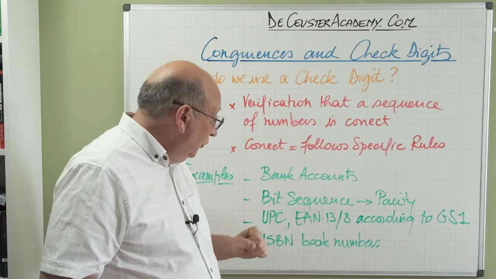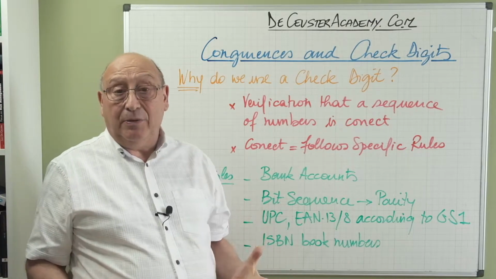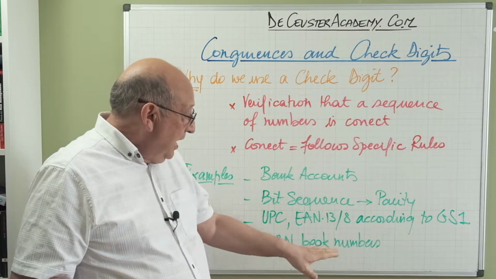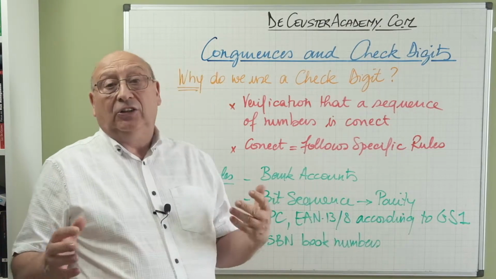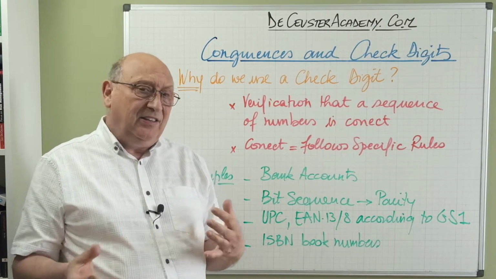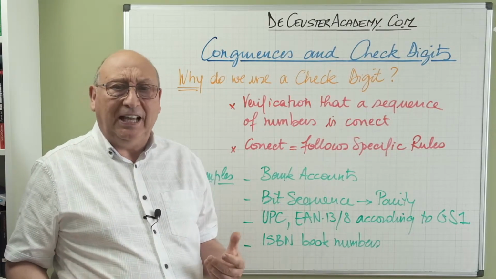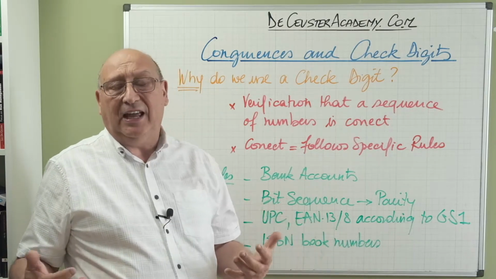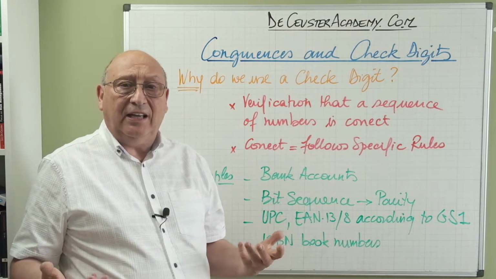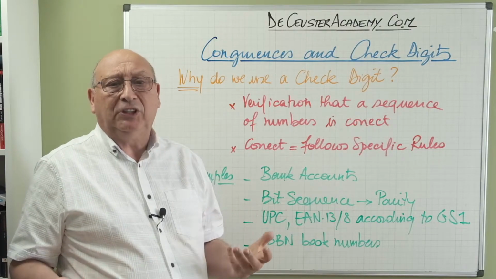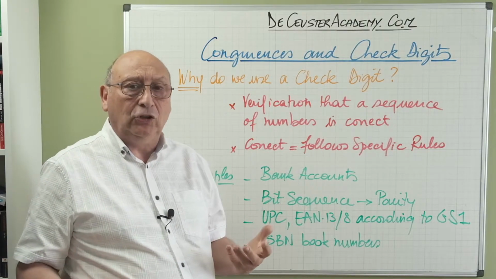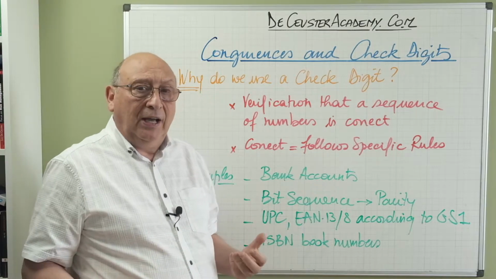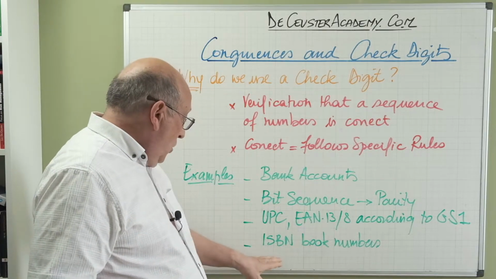Now we will look into those different things in the remainder of this presentation. Like I said, they're following the standard, the GS1, and there you can find all the different applications. There is even an EAN 3 and an EAN 5 and an EAN 2, which have special applications in combination with other of those EANs.